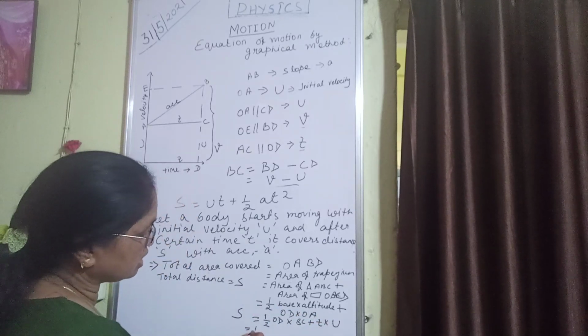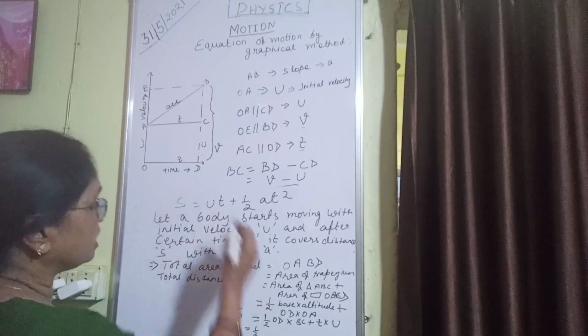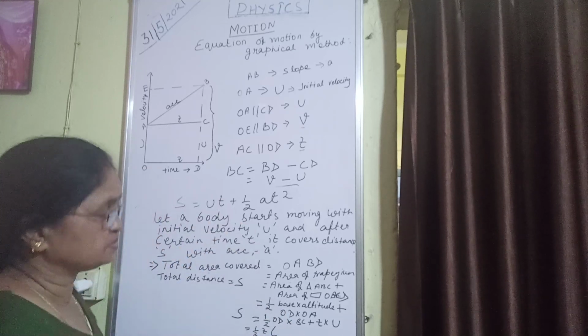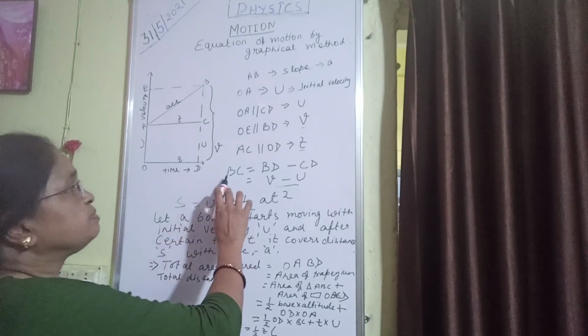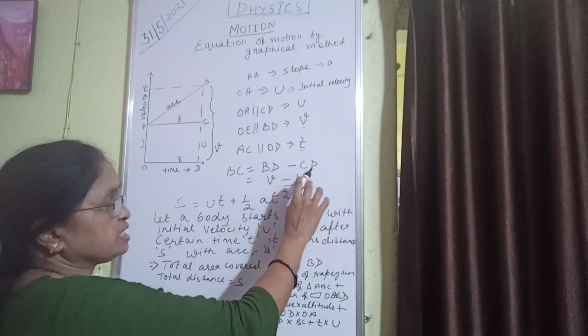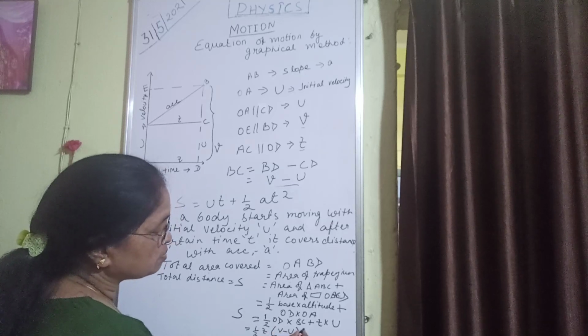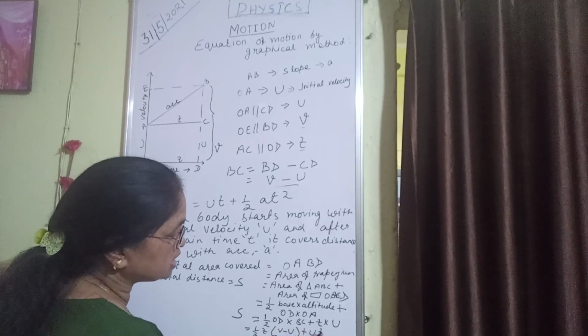So you have got half OD, again time T. Now students, we have calculated BC is BD minus CD, so V minus U. Directly I am writing V minus U plus UT.